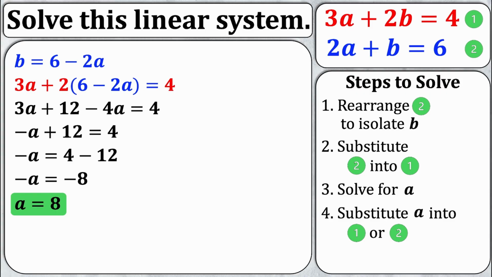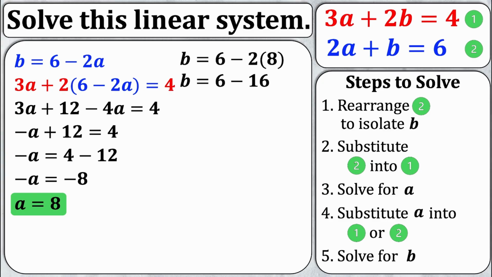So if I do that, I get an equation that looks like this: b is equal to 6 minus 2 times 8. Again, that 8 used to be an a, but since I know what it is now, I'm just going to substitute it in. Then all I have left is one step. Solve for b, because I have one equation and one unknown. So b is equal to 6 minus 2 times 8, which means b is equal to 6 minus 16, and of course that means b must be equal to negative 10.